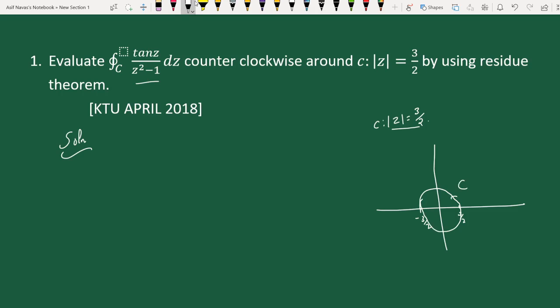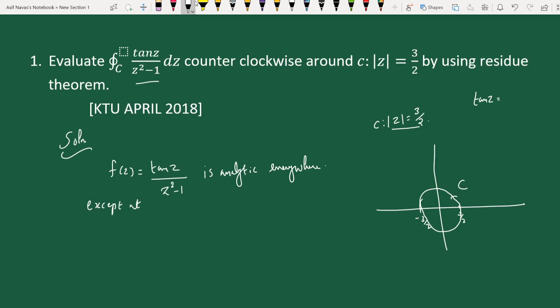This is our C. Now we want to check what the singularities inside and on C are. Given f of z is tan z divided by z square minus 1. So tell me, what are the singular points? f of z is analytic everywhere except at... Tell me, what is tan z?